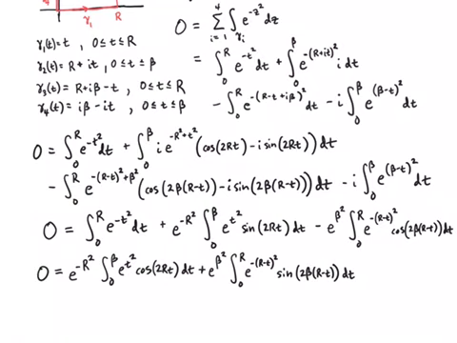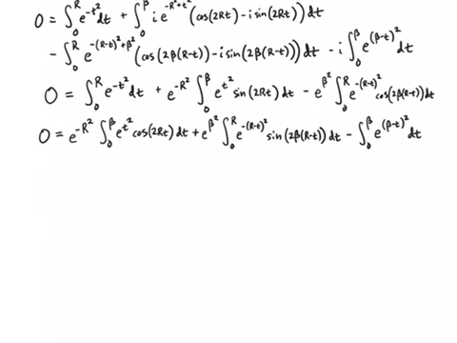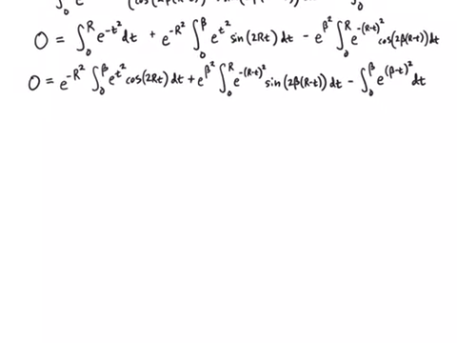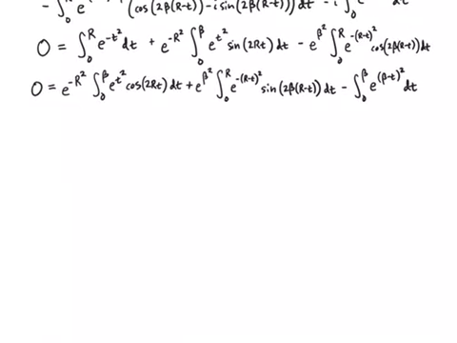And then we have minus integral from 0 to beta of e to the beta minus t squared dt. So these are the two things we're looking at, these last two lines. That's the real information contained in the fact that the integral around that rectangle of e to the minus z squared dz is equal to 0.